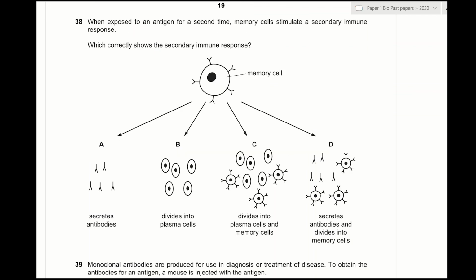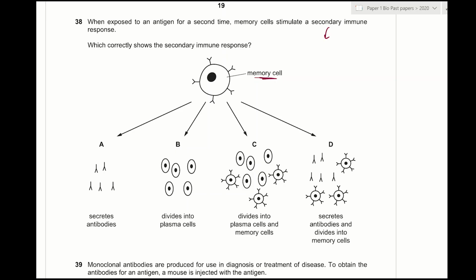Question number 38. When exposed to an antigen for a second time, memory cells stimulate a secondary immune response. Which correctly shows the secondary immune response? First of all, in the primary immune response, we know that memory cells are produced. So, a feature of secondary immune response is that memory cells are already produced from the first primary immune response.